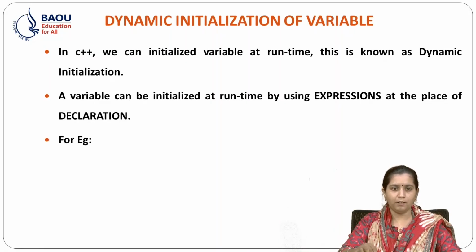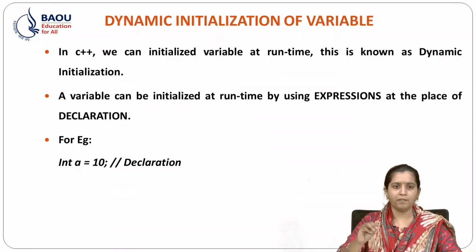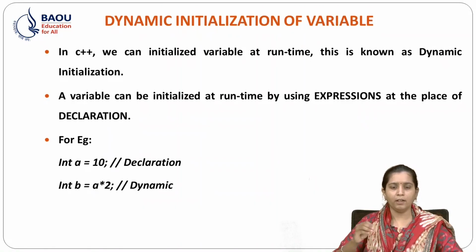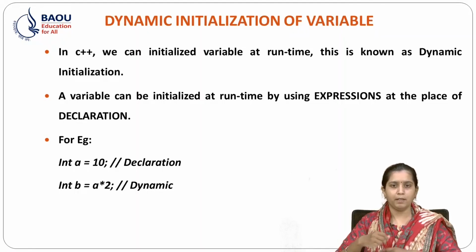For example, let's see int a is equal to 10. This is declaration. And int b is equal to a into 2. So this is dynamic initialization of variable b, because here we dynamically initialize variable b.